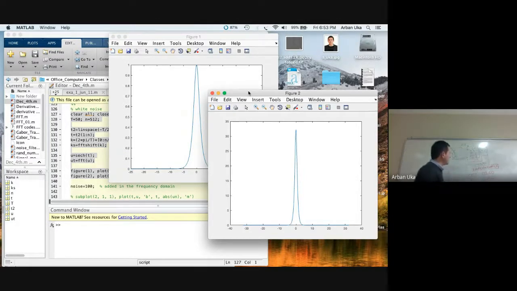It looks like as the real domain is decreasing, the complex domain is increasing. And regarding this, we have a principle, the Heisenberg principle, which states that delta x times delta k is larger than or equal to a constant.